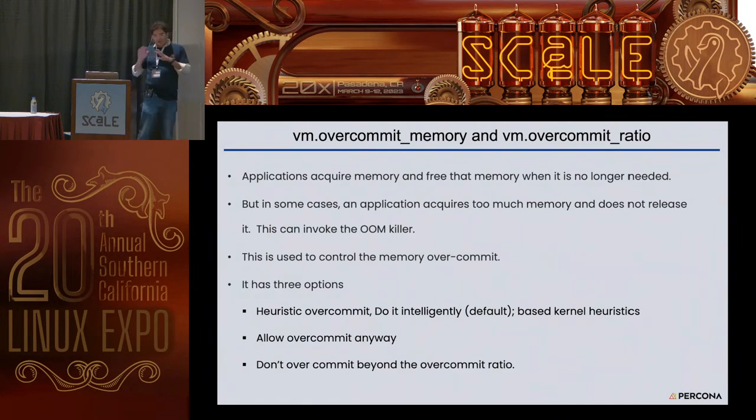But how does the kernel manage that information? When you create memory, the kernel says, okay, I have created that memory, but it will not actually use it. The kernel fooled the application that I have allocated that memory for you, but it has not been created.